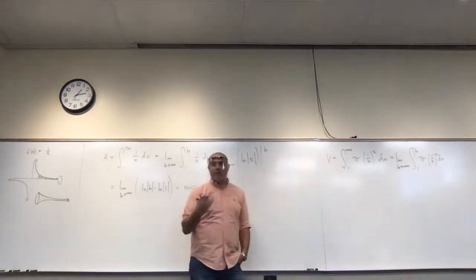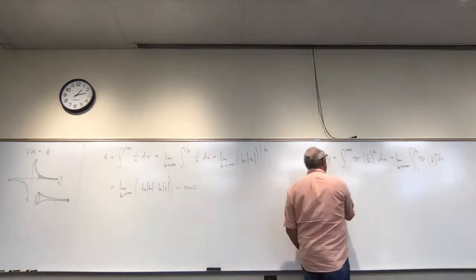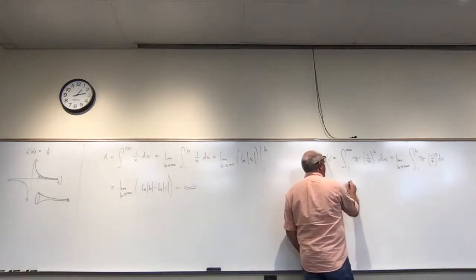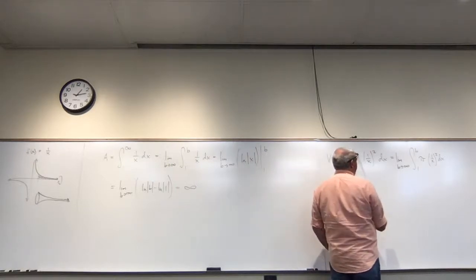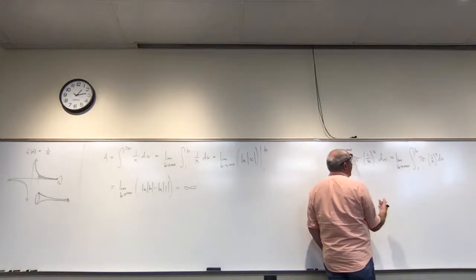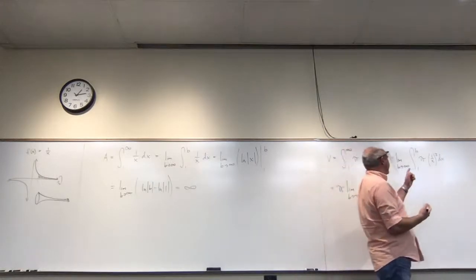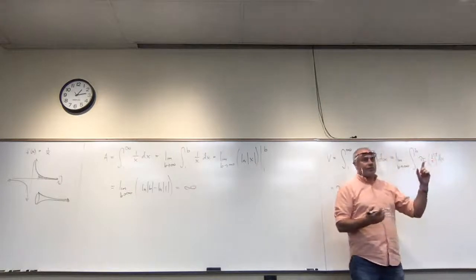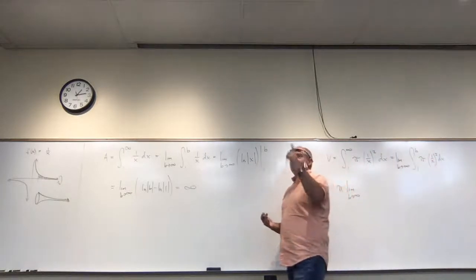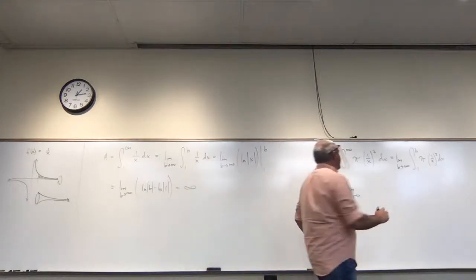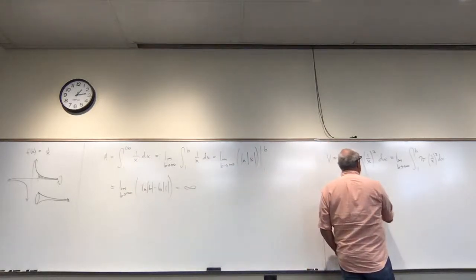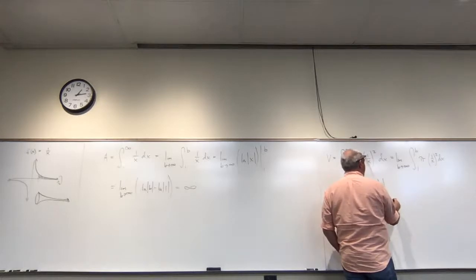In fact, I could pull it outside the limit if I wanted to, and I would get pi times the limit as b goes to infinity of, okay, now I need to take the antiderivative of x to the negative 2. That would be x to the negative 1 times negative 1, so negative x to the negative 1. So this would be negative 1 over x, evaluated from 1 to b.